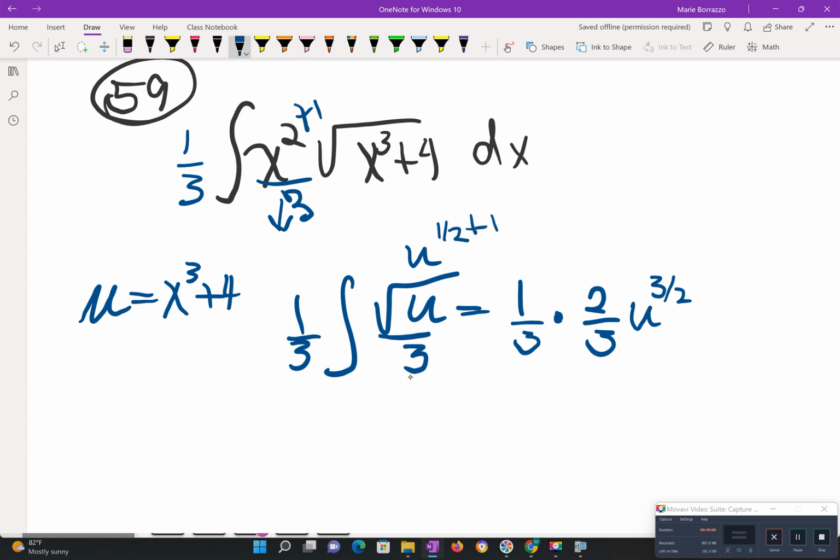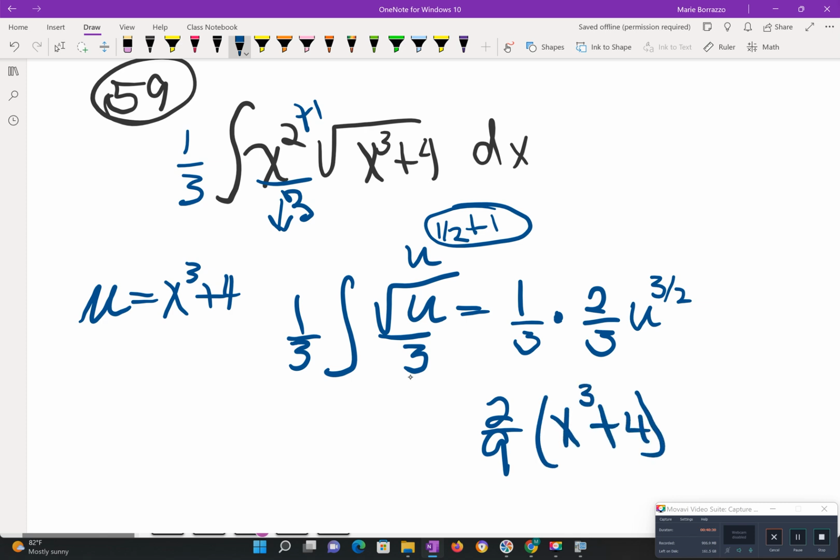If I do plus 1, that becomes 3 over 2. And I'm dividing by 3 over 2, so if I keep, change, flip, it becomes 2 over 3 of u to the 3 over 2. And my final answer here will become 2 over 9, substituting this back, x cubed plus 4 to the 3 over 2 plus c.